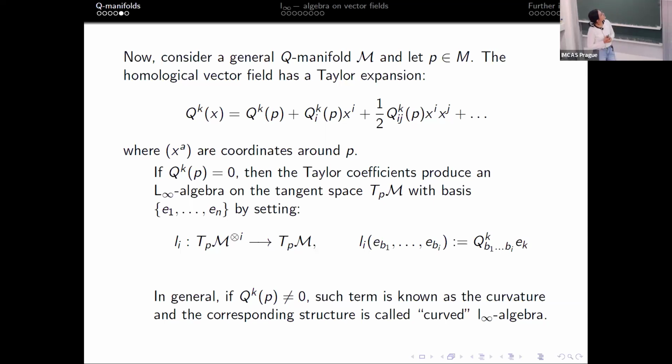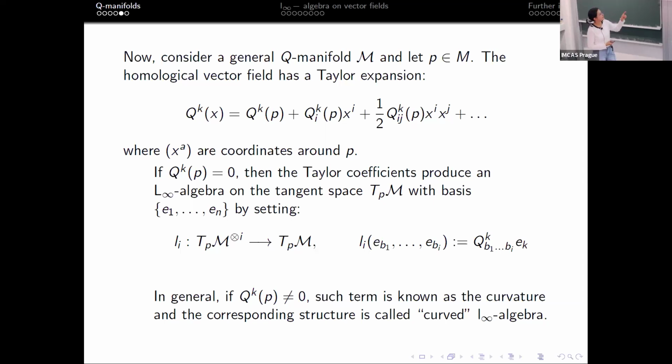I mean, what I mean is that here, if you change the coordinates at the given point, you will obtain a different definition for the L-infinity brackets. And in general, you can have curvature. Like a curved L-infinity algebra.